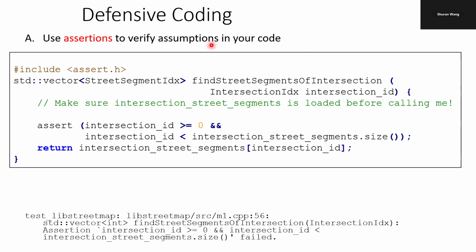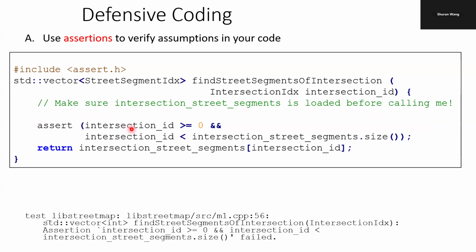Defensive coding, usually we use assertions to do it. So whenever this function finds three segments of intersection is called, we want to make sure that the global variable is already loaded before this is called. So we add a one-line assert into it.